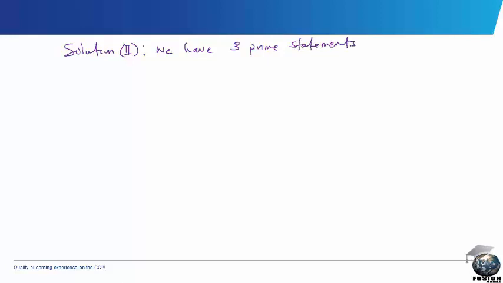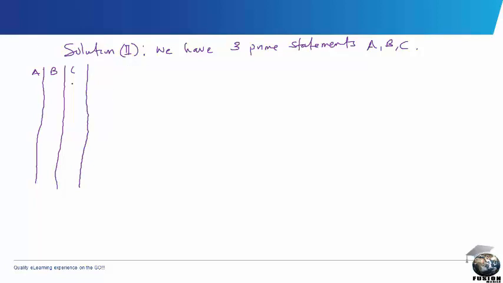Okay, A, B, and C. And so we have to construct a table in the form of having A, and then we have B, and then we have C.